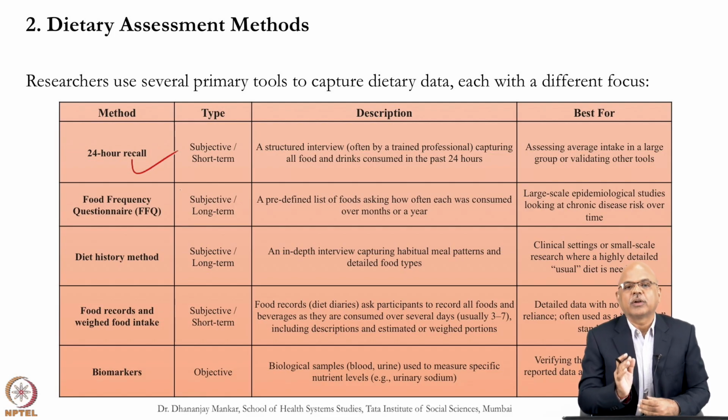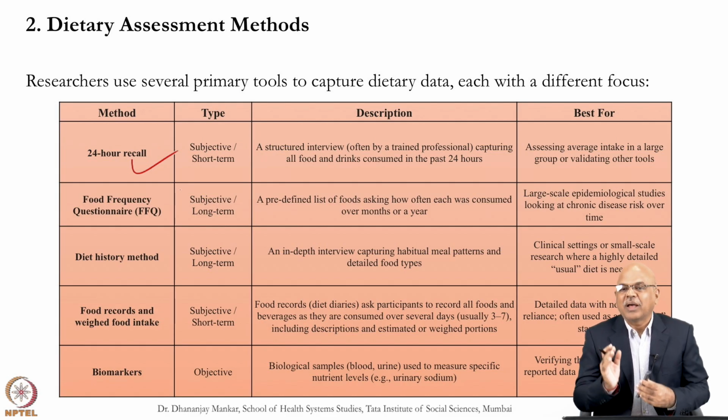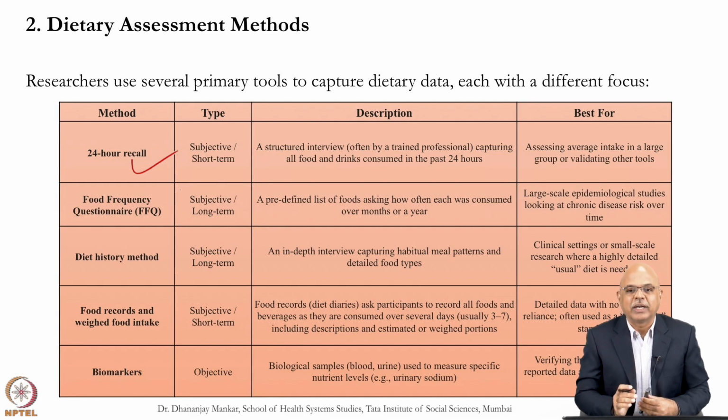A structured interview, often by a trained professional, is taken, which captures all food and drinks consumed in the past 24 hours. And it is done for assessing the average intake in a large group or validating the other tools. So this can be seen as a very important dietary assessment method.